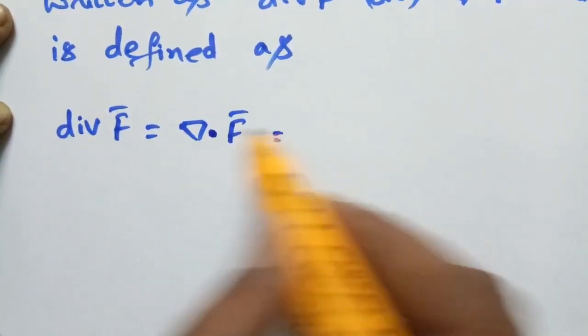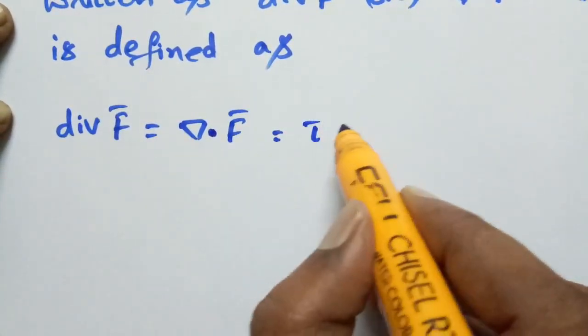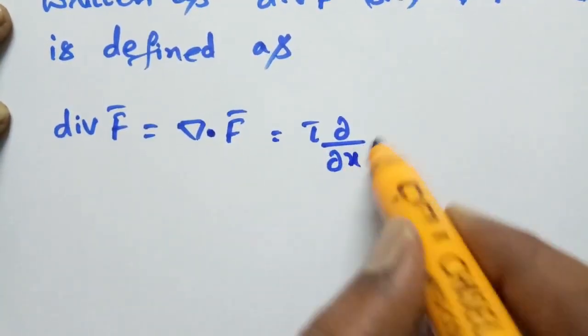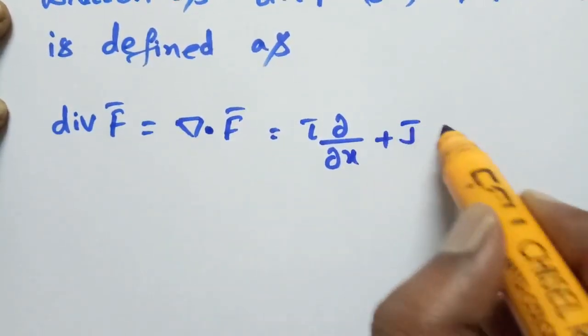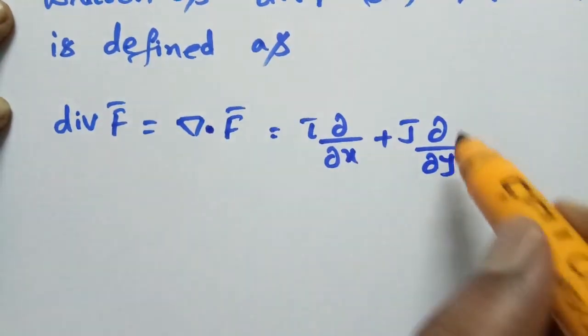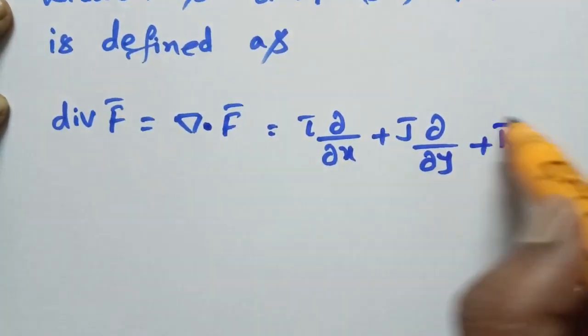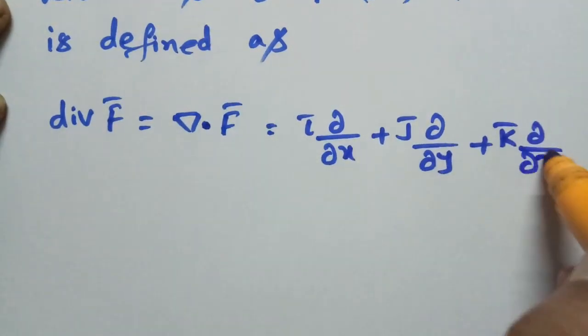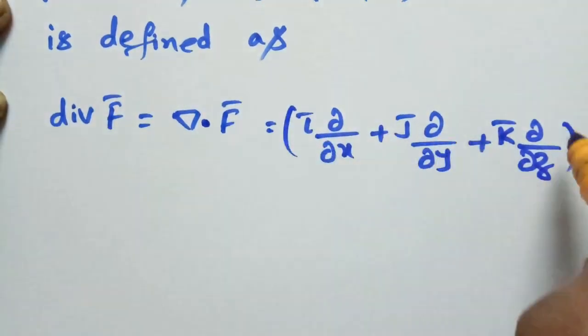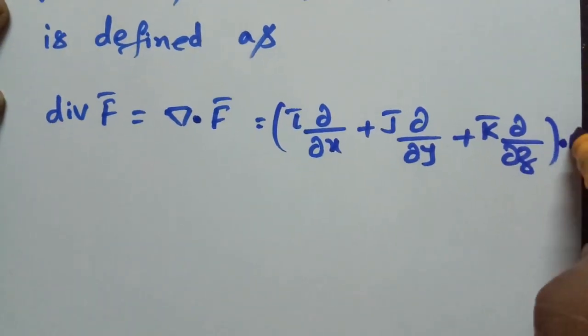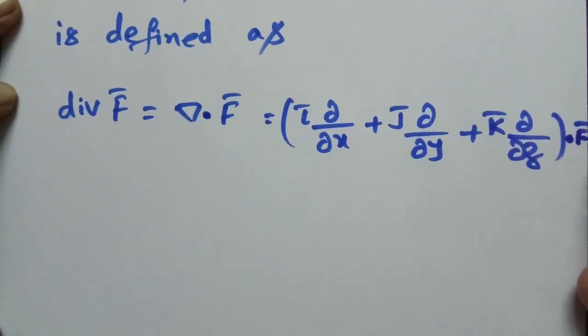div F bar, which is equal to del dot F bar. We know that del means i bar dou by dou x plus j bar dou by dou y plus k bar dou by dou z, dot F bar.